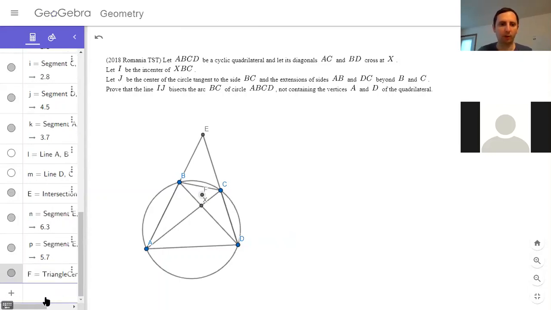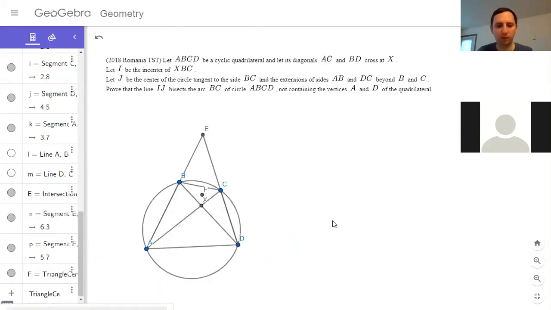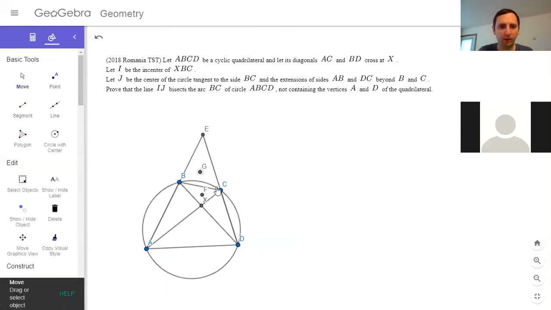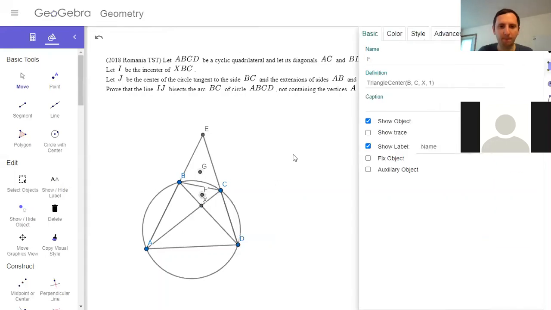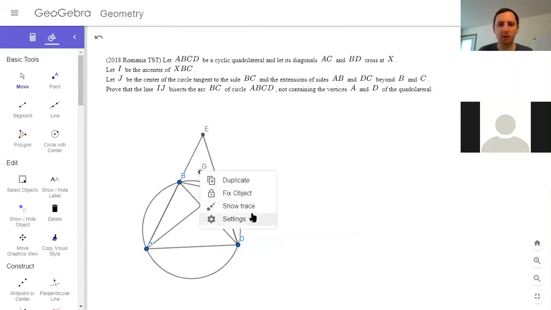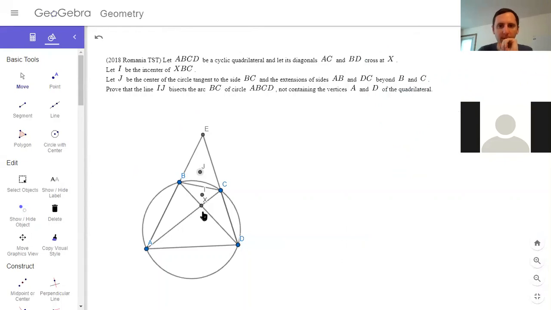Okay, I'll rename that I. And J is the in-center of EBC. So we'll call those I and J. We want to show IJ bisects arc BC.